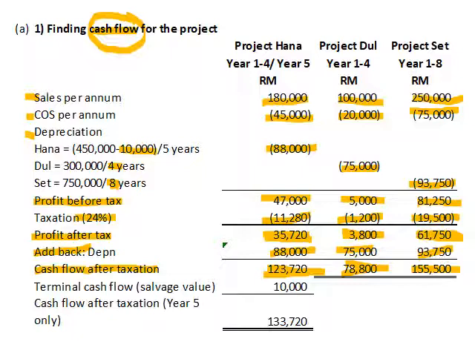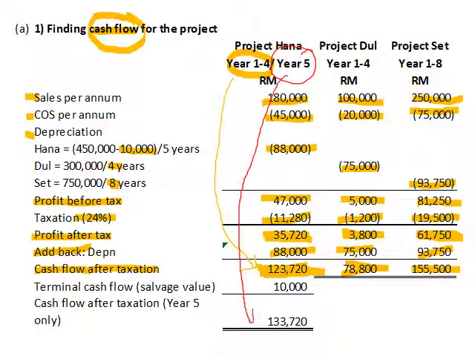This one is for Project Hana. 123720 is only relevant for year 1 until 4. For year 5, you have to take this one, because it has terminal cash flow.